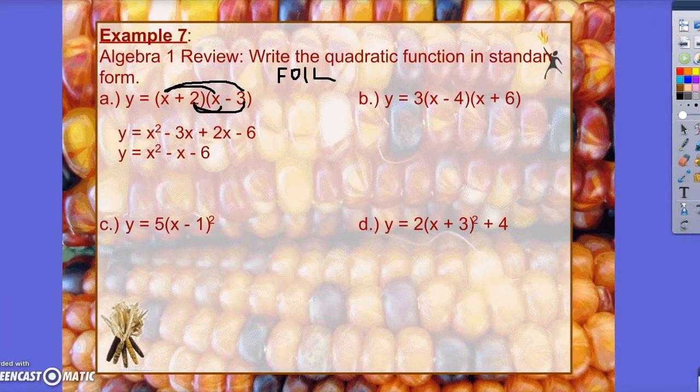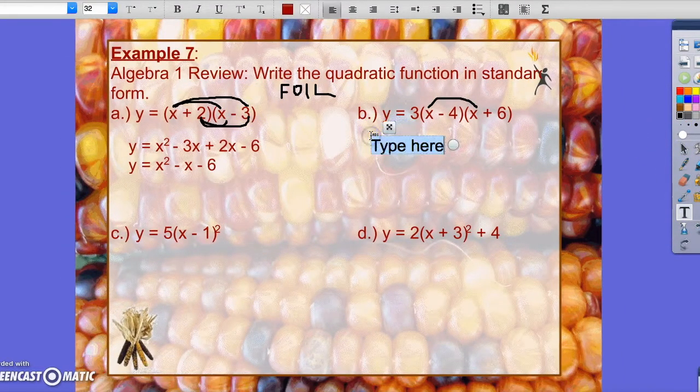All right, so like I said, with the next one, we're going to start off by taking care of the 3 last. So first, x times x is x squared. So keep the 3 there. All right, x squared. And then the next one is x times 6, which is 6x.